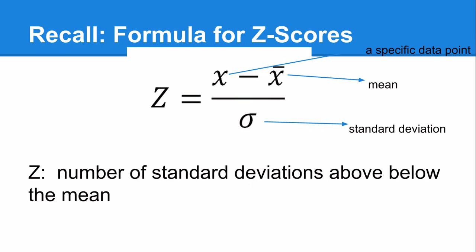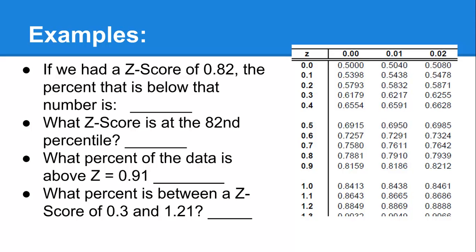So remember the formula for Z-scores. We've got that again. We're going to use this formula today. Just a couple of examples. I'm just going to use these numbers here, but the chart's a lot bigger than this.